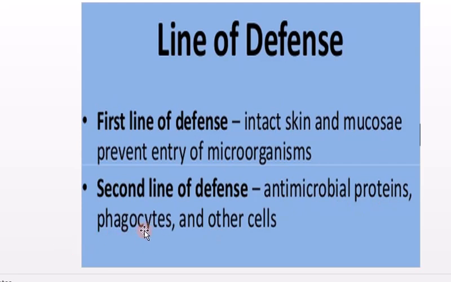We are also going to see the phagocyte cells, which destroy microbes very directly, and other cells like natural killer cells. These are the second defense layer. If germs enter via skin and reach the inside, these will act upon them. So microbes entering our body need to get through different layers of defense.